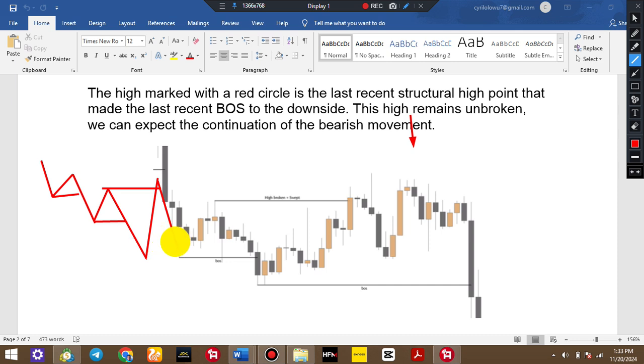Then when it now breaks above the previous point, we now have a confirmation that price has broken structure. This is now the time you start looking for entry, probably either using your trend line or your order block or your demand zone or supply zone. So when price now comes in, you start anticipating to take a buy. But in this case here, that was not what happened.